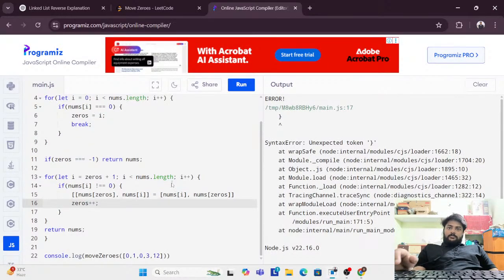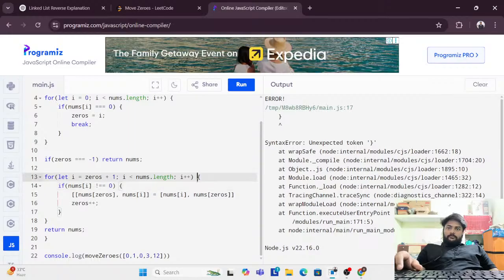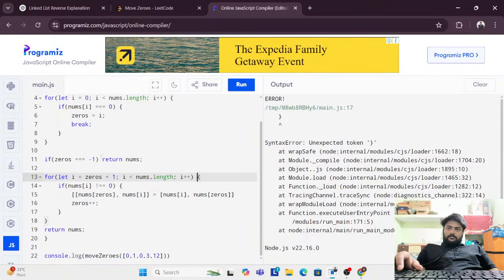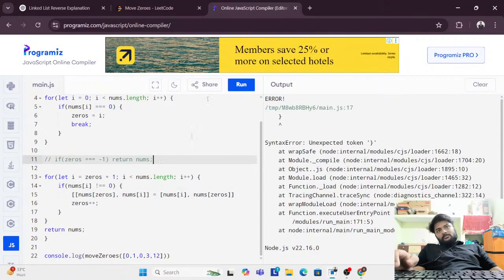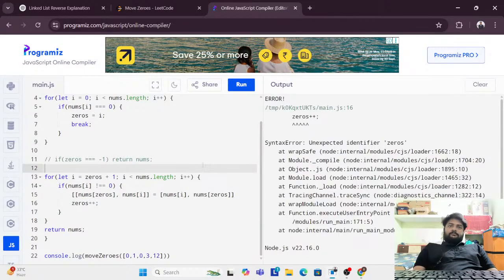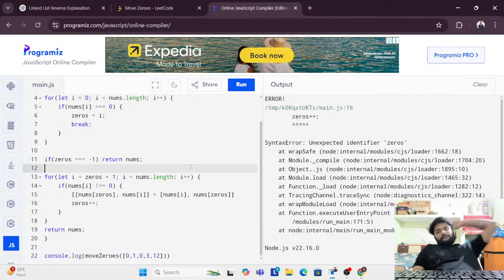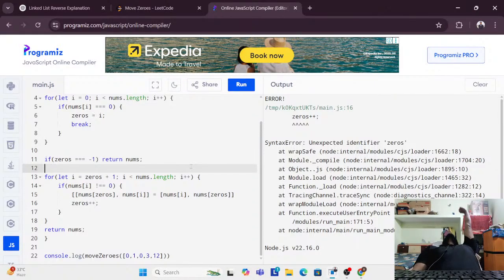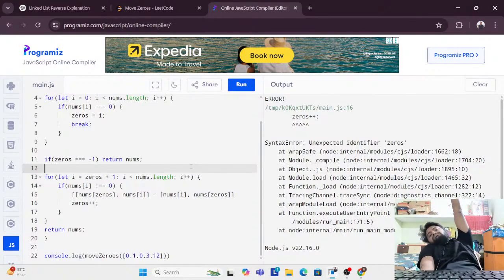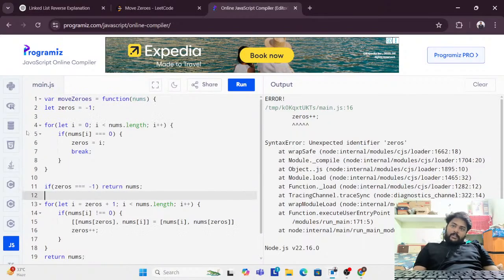I don't know. Because of this. Come on. Then why can it store anything?